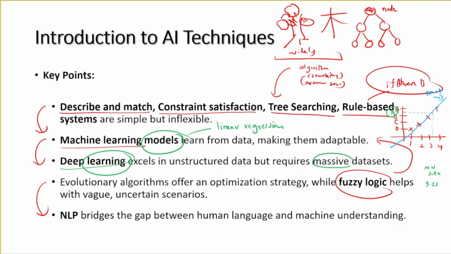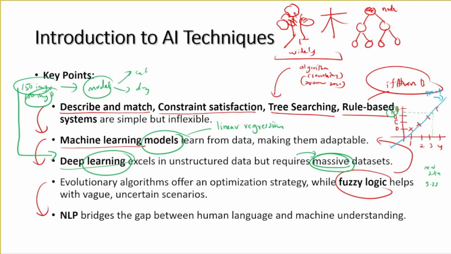So this one is the keyword. Say that you are playing with this, for example, to discriminate cats and dogs. Is it enough to have 150 images of cats and 150 images of dogs at the same time to get a good model to discriminate cats and dogs? The answer is no, because the keyword here is massive, right?